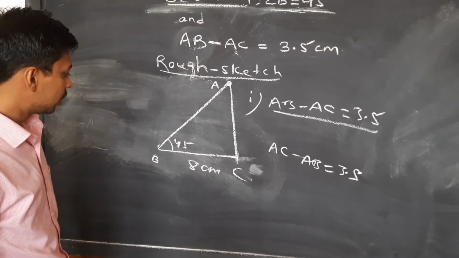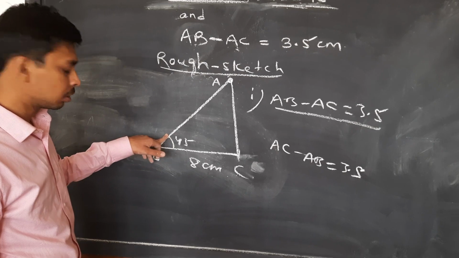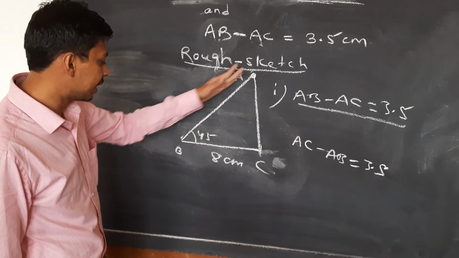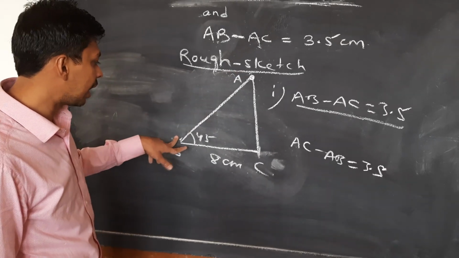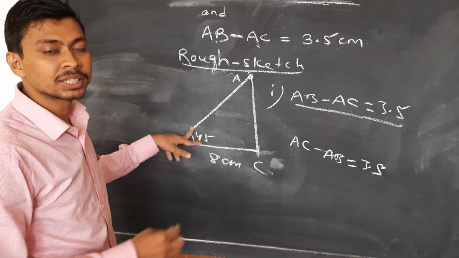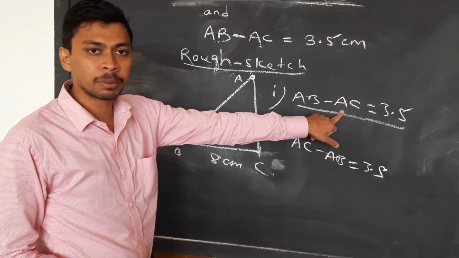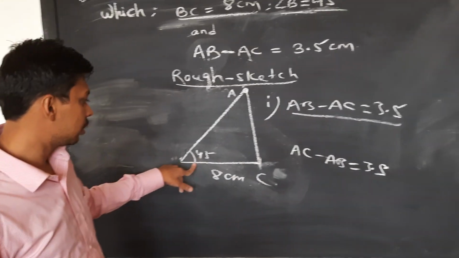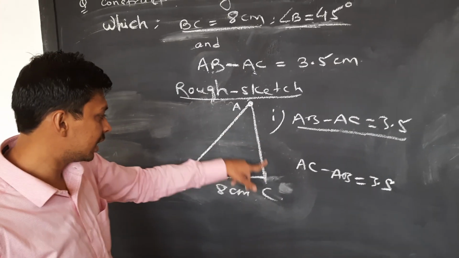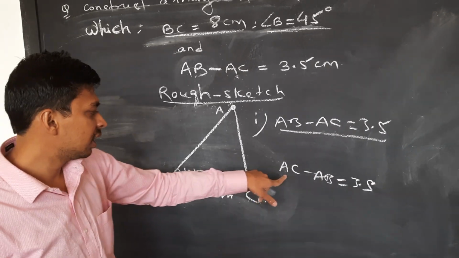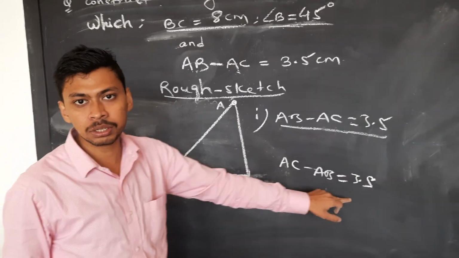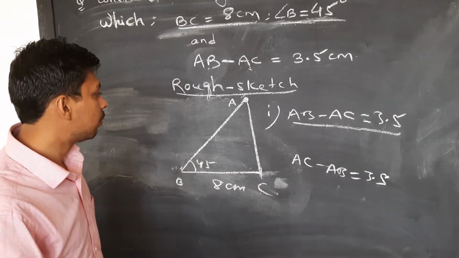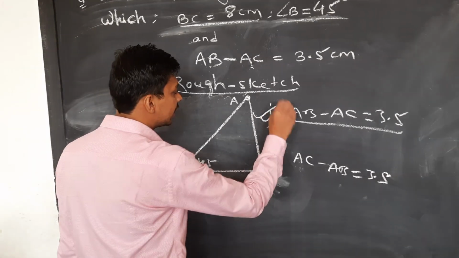So what you will see, if angle B is provided to you, and the side which is attached to it, if this is larger, which I will be discussing in this video, then it will be AB minus AC. But if angle B is given, but side opposite to it, AC is larger, then it goes to AC minus AB is equal to 3.5, which I will be discussing in the second video. Okay, in this video I will be discussing this variety.